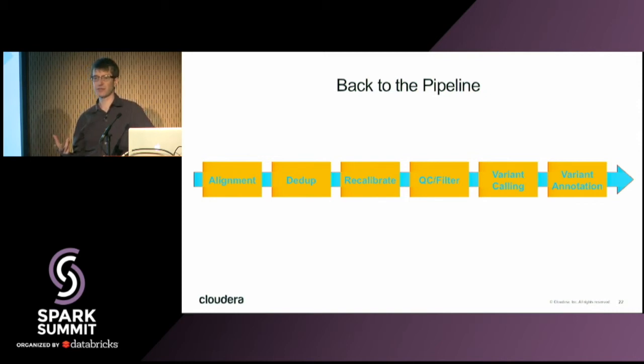ADAM also defines formats for some of these data sets, like the VCF data set, not the Hail thing. It defines some file formats for those that are based on Parquet, which are more efficient. But in some ways, if you look at it as a black box, it's doing a very similar thing to this. So I think ADAM's great because it's another implementation of the same thing, so it provides a comparison or another way of doing something similar.